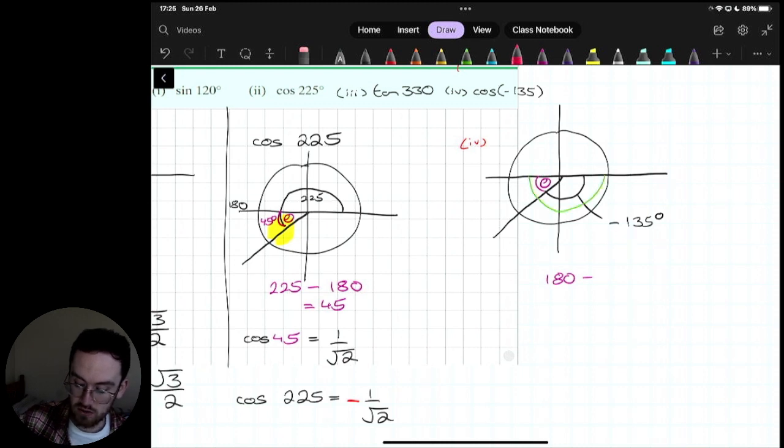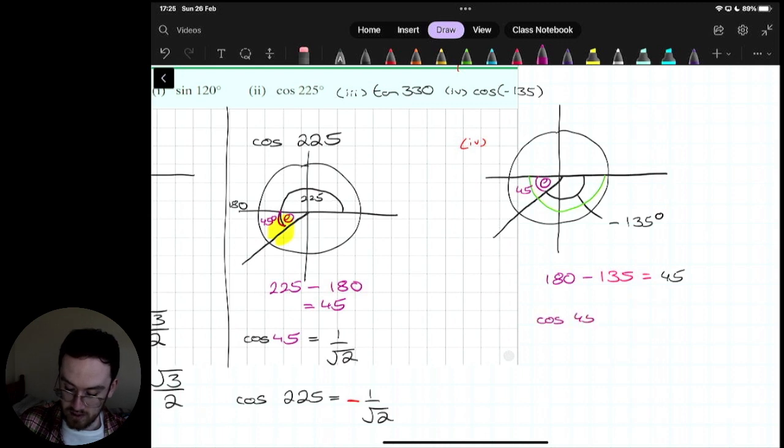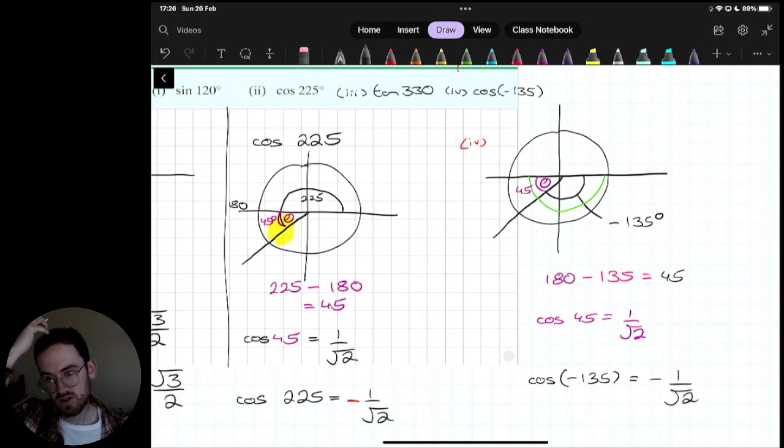And if we take away the 135, that'll tell us what our reference angle is going to be. 180 minus 135, and again we just get 45 as our reference angle. Then we end up with the same question we just had. So cos 45 is 1 over root 2, and then cos of minus 135 is equal to minus 1 over root 2, because again it's in that third quadrant where cos is negative.